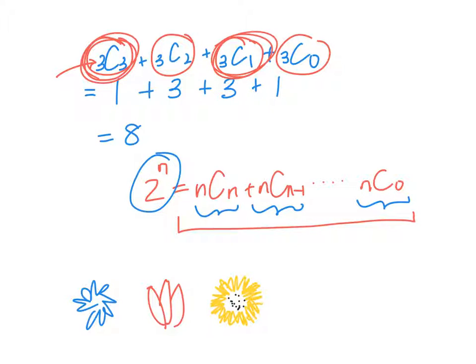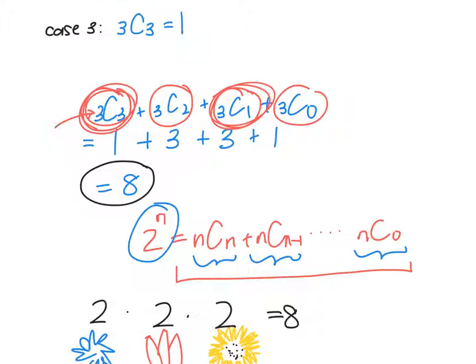So for example, with our daisies, our tulips, and our sunflowers, in each bouquet, each flower can either be a part of the bouquet or not. So each flower essentially is two choices, in or out. And 2 times 2 times 2 is 8, which of course is what we found over here.